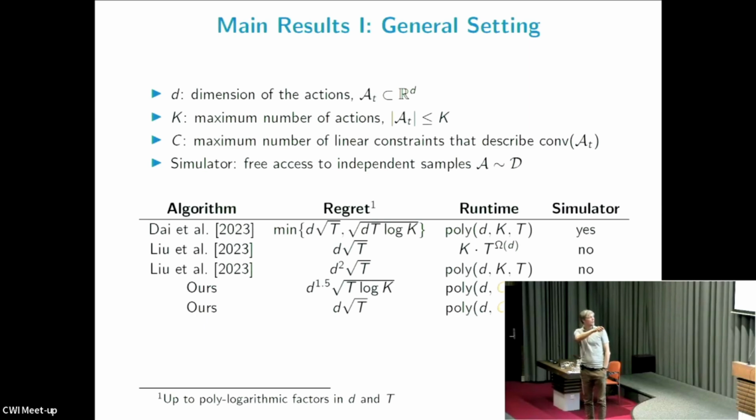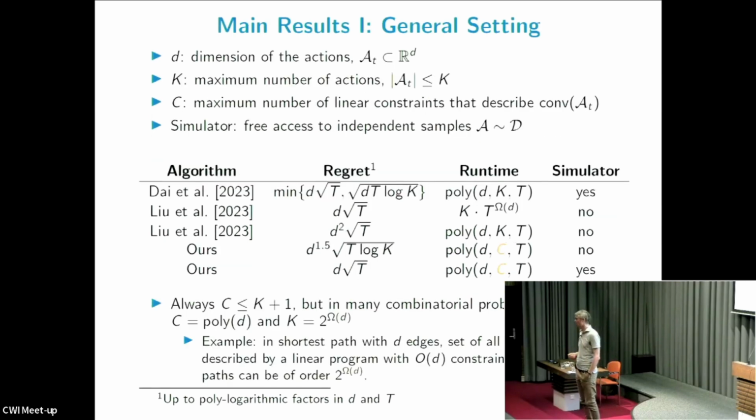And so what we do is we bring that down, instead of K, to having C number of constraints. In some applications, like shortest path, there's a huge gap between these two.